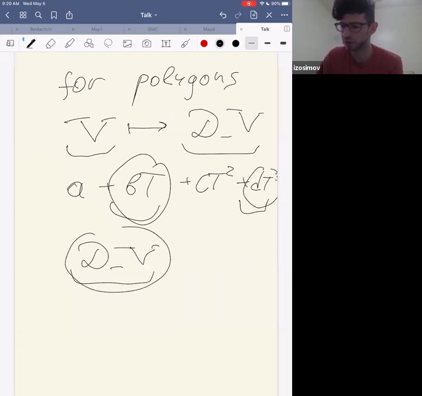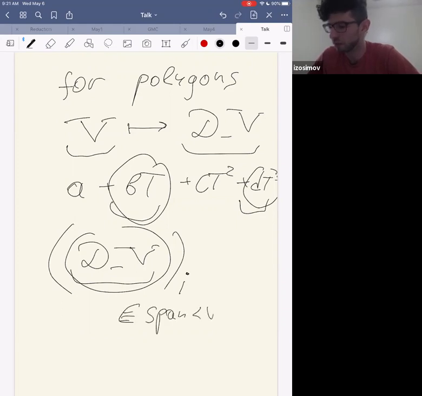So this is an infinite sequence of vectors, which is obtained from v by shifting by 1 and shifting by 3 and then combining these things. This means that if we take the ith vector in this sequence, this belongs to the span of v_i and v_{i+3}, just because of the form of the operator D minus, right?